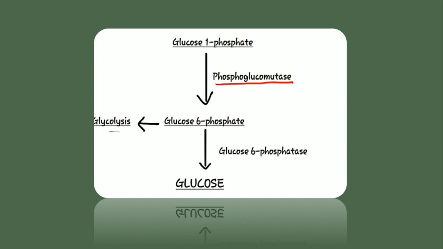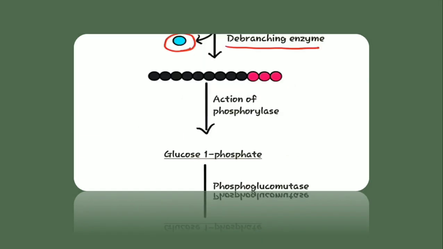Now, the remaining molecule of glycogen is again available for the action of phosphorylase and gets converted into glucose 1-phosphate.